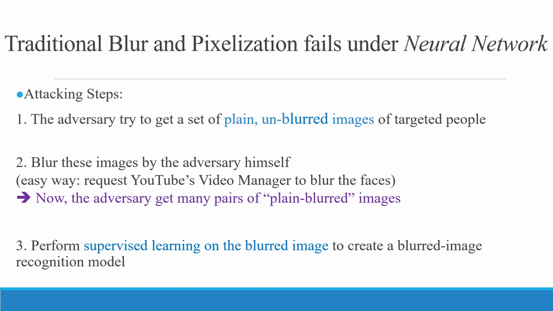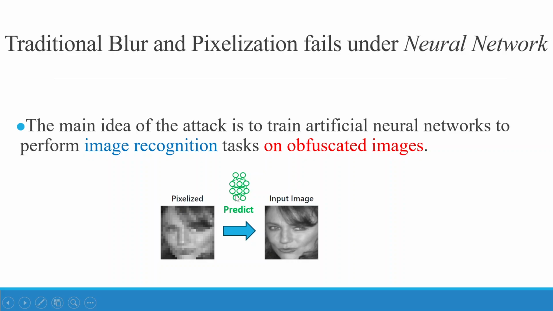I mean, the label will say this face is of which person. So you perform supervised machine learning on these plain and blurred images. When you finish the training, your machine learning system can predict the original image from the pixelated or blurred face image.